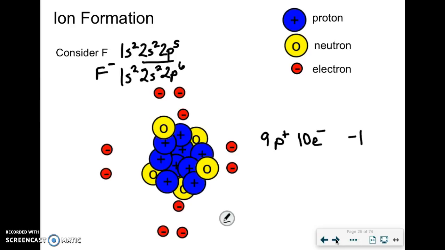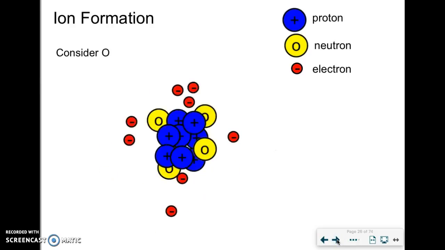What about oxygen? Let's take a look at oxygen. Oxygen has 8 protons, and here it's got 8 electrons around that nucleus. Oxygen's electron configuration is 1s2, 2s2, 2p4. Oxygen will have the tendency to gain 2 electrons.